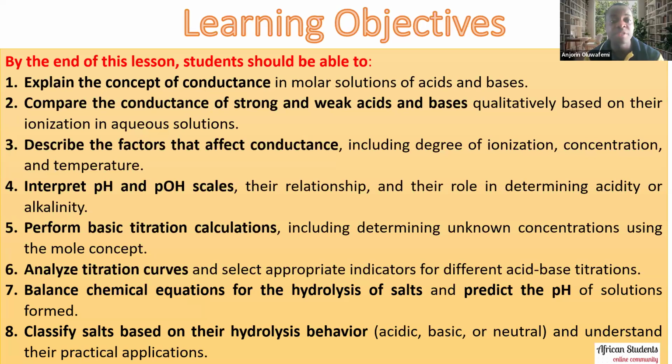So you do a qualitative comparison to describe the factors that affect conductance, and then interpret pH and pOH scales and look at the relationship that exists between them, and also perform basic titration calculations, analyze titration curves, and select appropriate indicators for different acid-base titrations, balance chemical equations for the hydrolysis of salt, and predict the pH of solutions formed, and then classify salt based on the hydrolysis behavior. So these are some of the things that we're going to be touching as we go in this video.